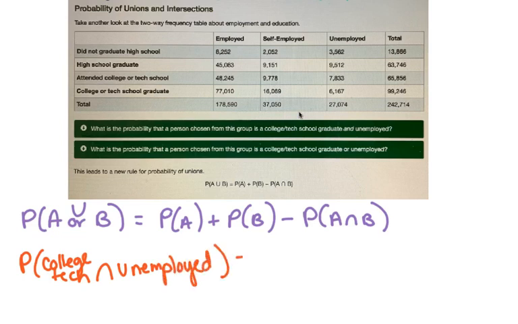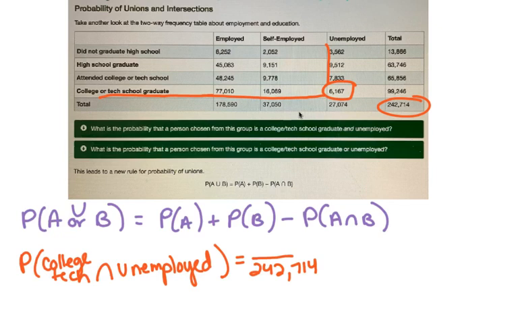So the probability that they're college tech and unemployed is just looking at their intersection, where they meet, over the total, so 242,714. And I'm just going to look for where college tech and unemployed meet. So right here. And then I'm going to use my calculator and divide.